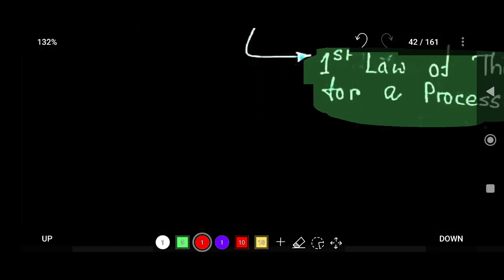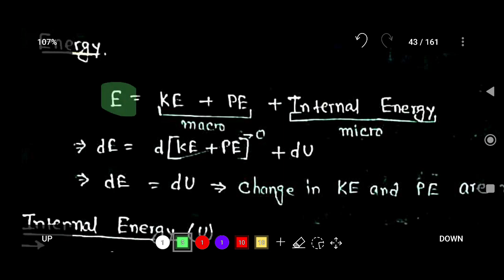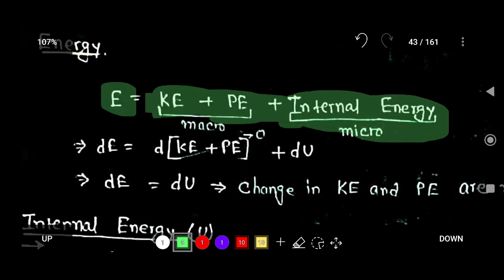Energy means there are three types of energy: kinetic energy, potential energy, and internal energy. Kinetic energy and potential energy are a macro form of energy, and internal energy is the micro form of energy.